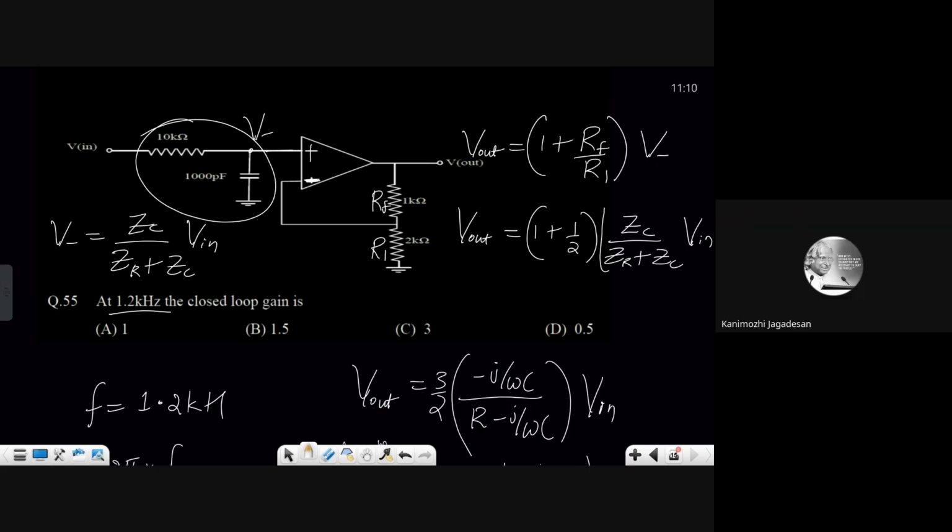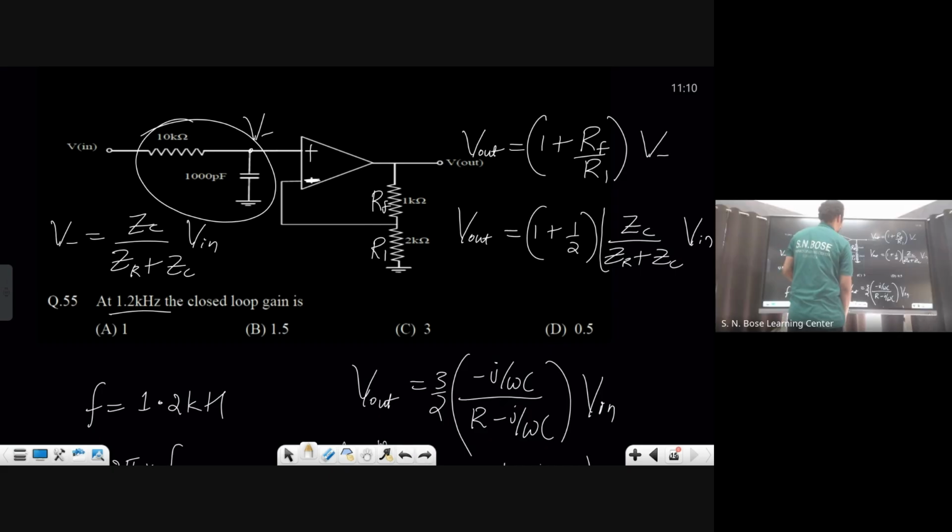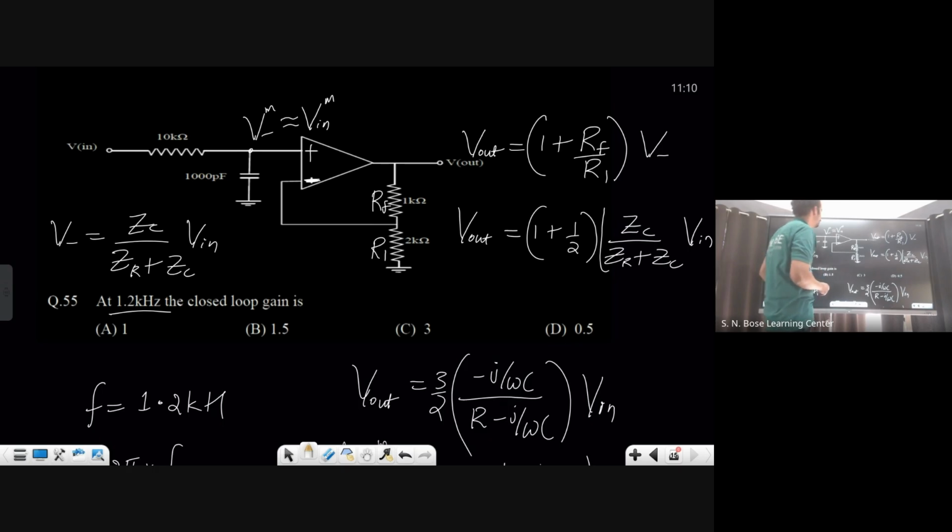V minus is nearly equal to V in, perfectly. Peak value, phase difference will be there. V out peak value. Is that okay? Fine.